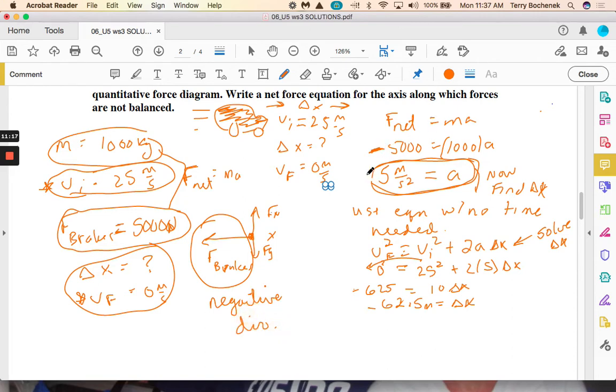So if I put a negative in there for the force, then 5,000 divided by 1,000 is negative 5. And if I would have put the negative in where the A went, then I would have been dividing negative 625 by negative 10, and they would all cancel out, and then my distance that I move would be positive 62.5 meters as I'm slowing down.